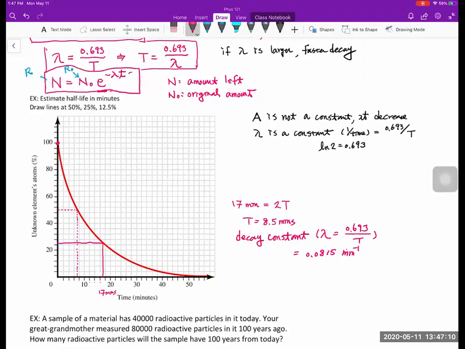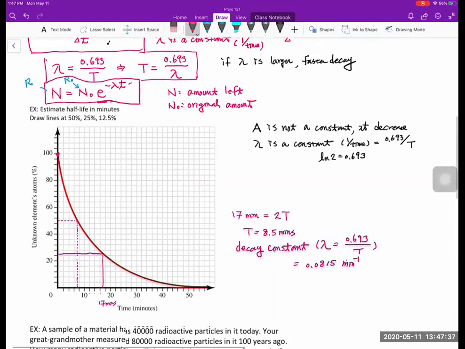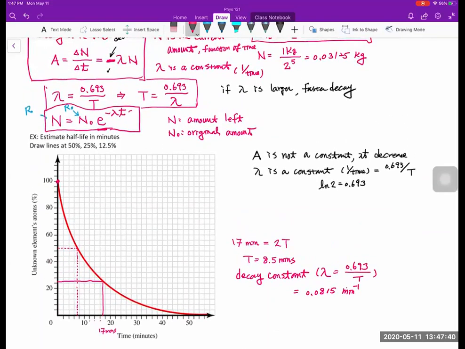If I ask you what is the amount left after, let's say, 20 minutes, how do you find it? Which equation are you going to use? You could use N over N naught equals 1 half to the power of n. How do you find the n?